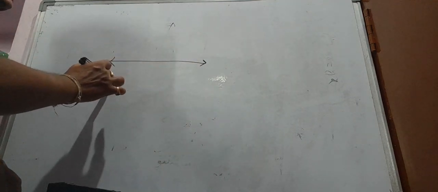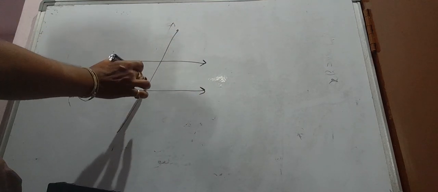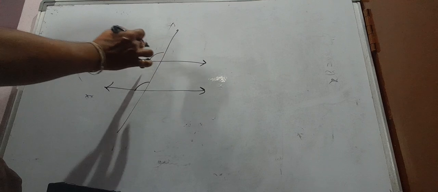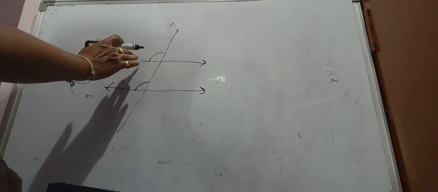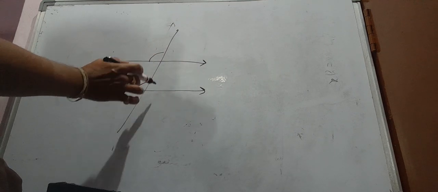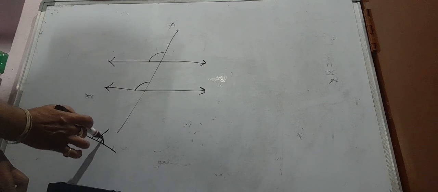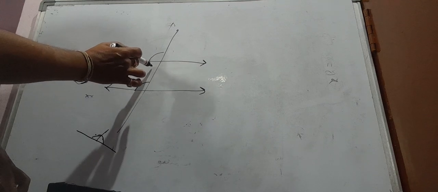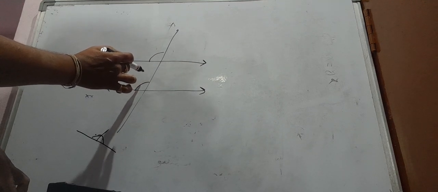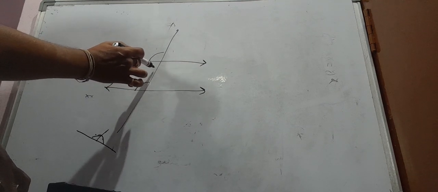So children, we will see once again the picture of corresponding angles. See, one is interior, one is exterior and on the same side but not adjacent. What is adjacent? Adjacent angles will be like this. Like these two are called adjacent angles. Here, one interior, one exterior does not mean the student may take one angle down. No, not like that.